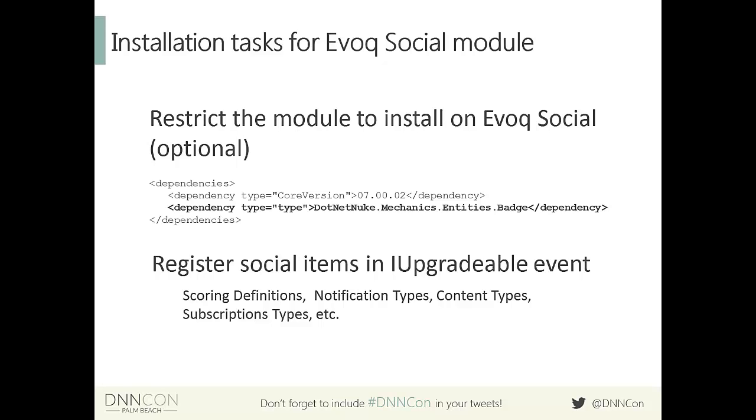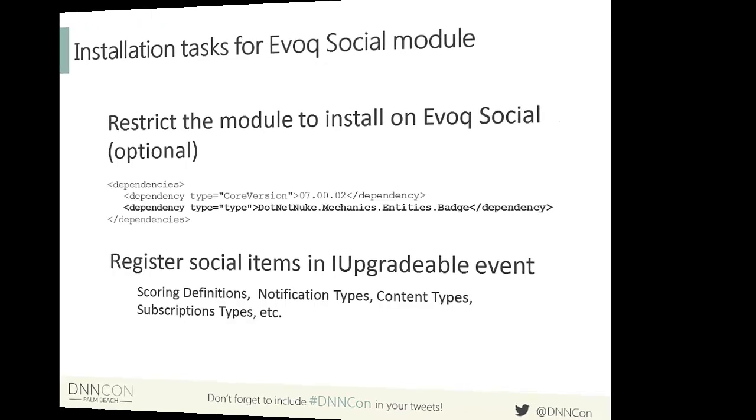Typically, module developers will use the IUpgradeable event to do things like licensing checks, like hitting a web service to check for license verification. But we'll also use that to register our scoring definitions, our notification types, our content types, subscription types, all these one-time definitions that we need to insert when we first install the module. Once that's done, we never have to do it again.